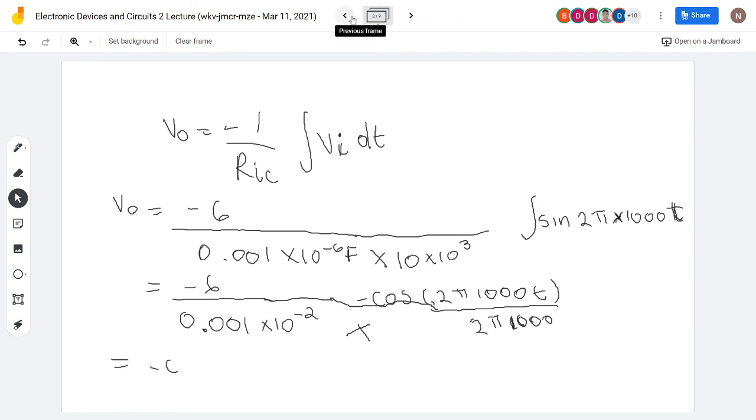So we're going to have 3.14. So this is going to be 6,280 times this. And when you get the answer for that, you're going to divide 6 by that answer. And that's going to give you the coefficient.